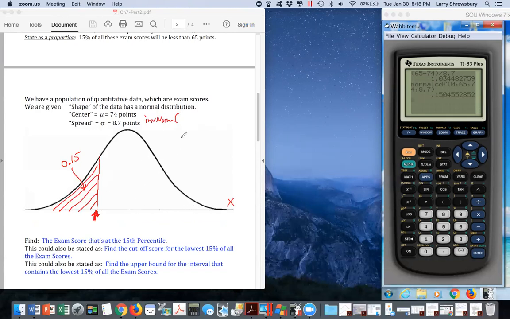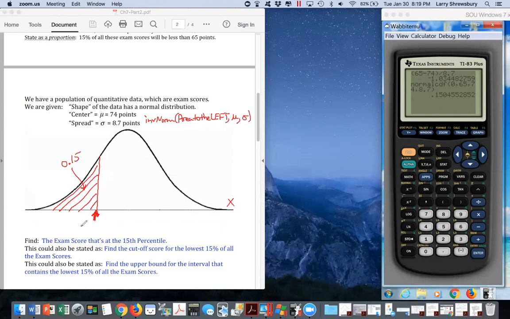Which one? You tell me the percentile rank for the data value you want. Well, the percentile rank is the area to the left. So you make your little sketch to see what the area to the left is for the point you want it to find. And then give it the center and give it the spread.